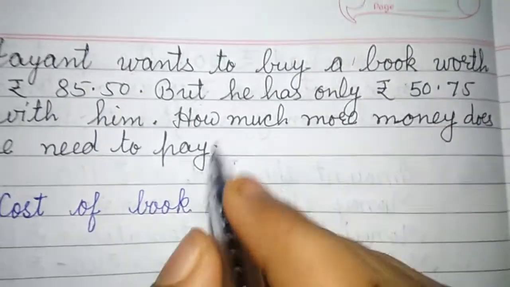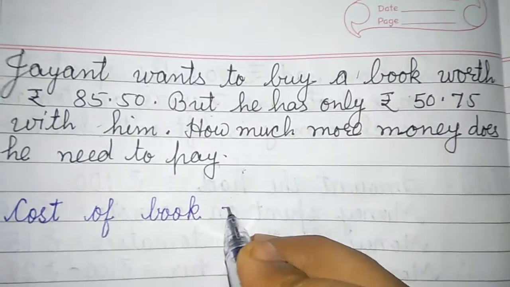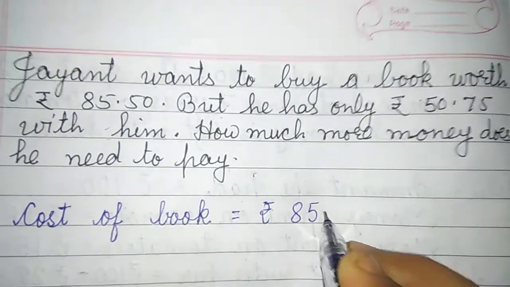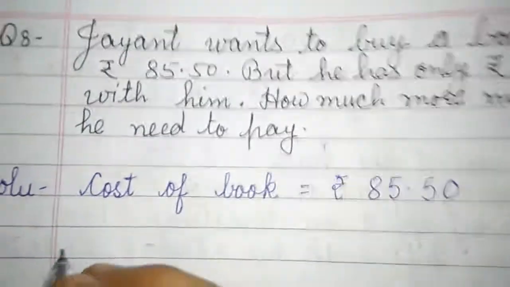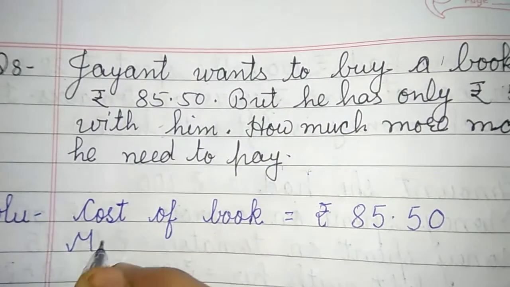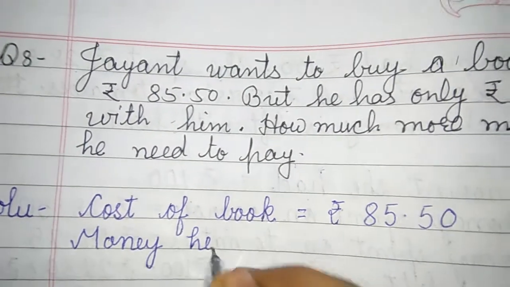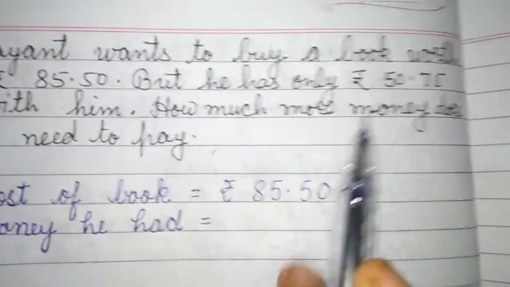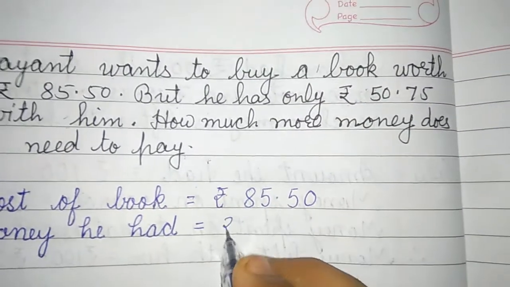How much? Rupees 85.50. The second statement will be the money he had. How much money did he have? Rupees 50.75.